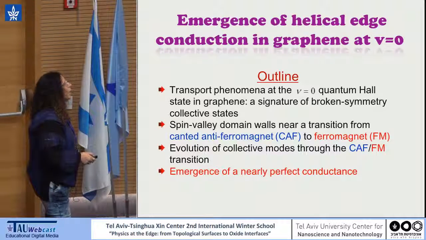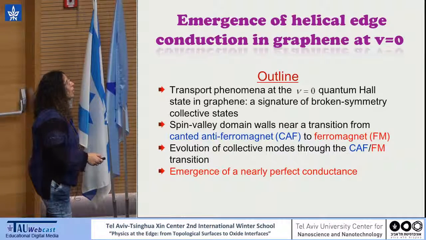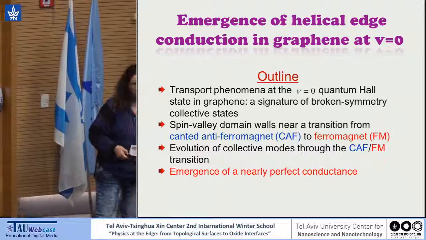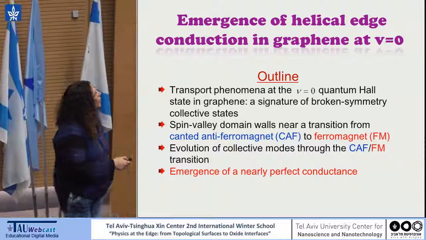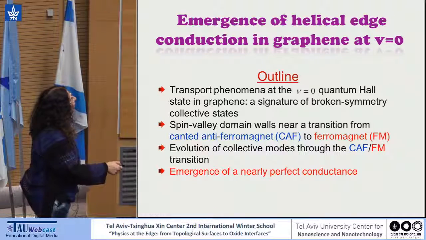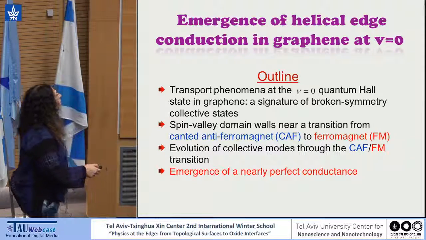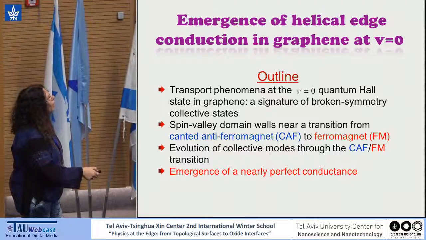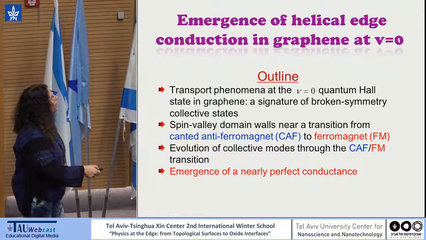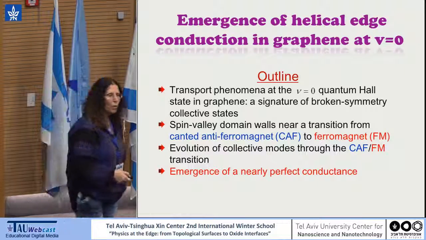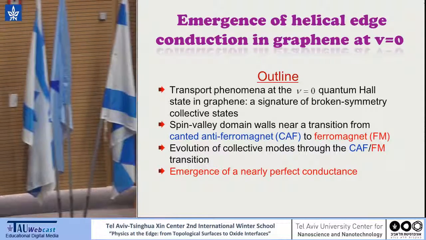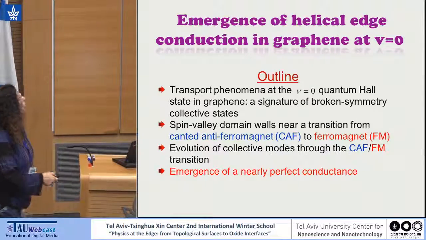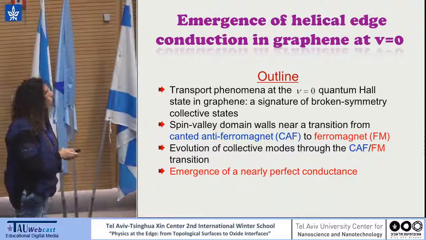And then I will focus on quantum phase transitions that have been predicted to occur between two different magnetically ordered states at this state. And I will describe our theory, which essentially studies how the edge modes evolve throughout the transition, and how it affects the transport.